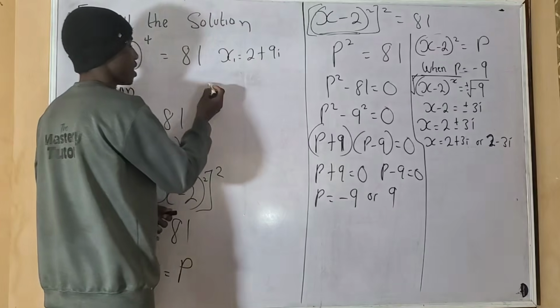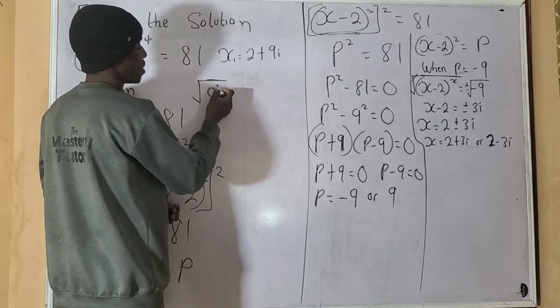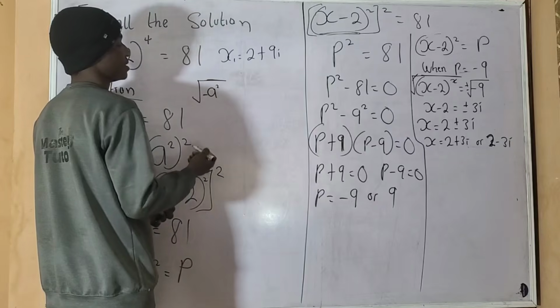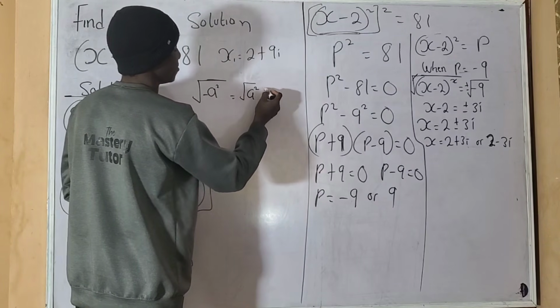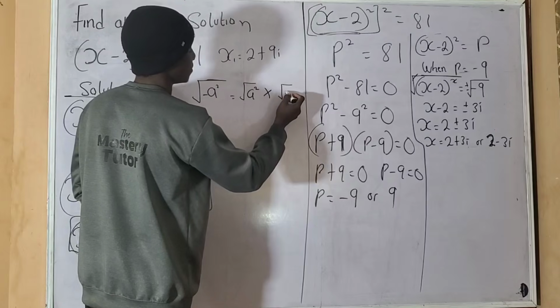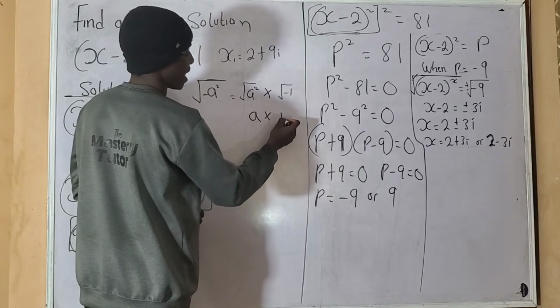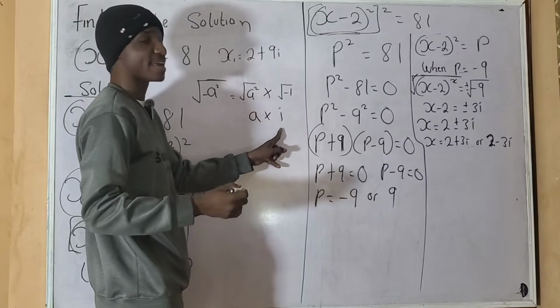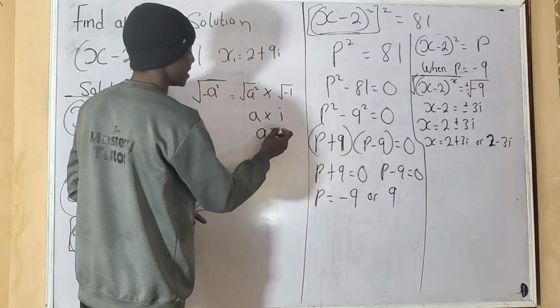If you have the square root of negative a^2, you're going to have the square root of a^2 multiplied by the square root of negative 1, which is a times i, because the square root of negative 1 is i, where i stands for imaginary unit. So you're going to have ai.